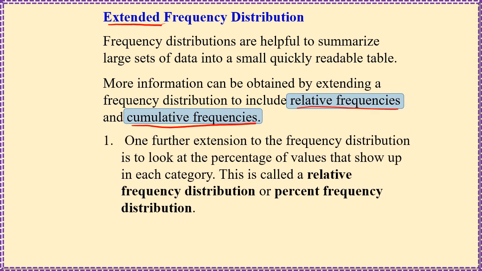One further extension of the frequency distribution is to look at the percentage of the values that show up in each category. If it's a percentage, we can compare between the class intervals which one is the highest or the smallest.